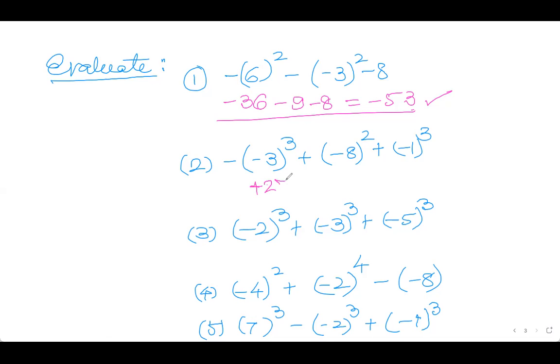It will be positive 27. Why? Sir, because negative cube will be negative only, and this negative is following behind, so negative negative will make it positive. Yes. Positive 27 plus -8, 64 plus -1, -2, -1, 27 plus 64.